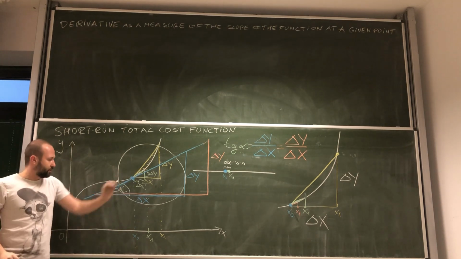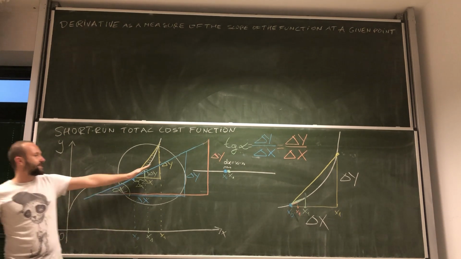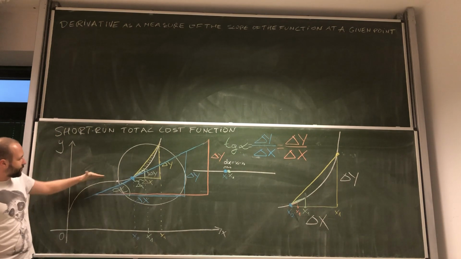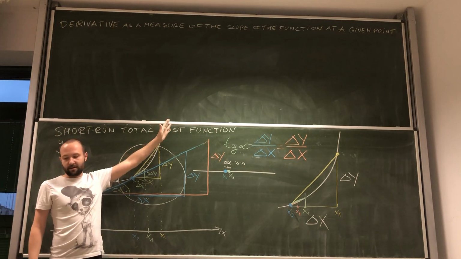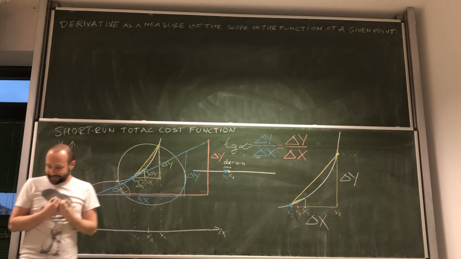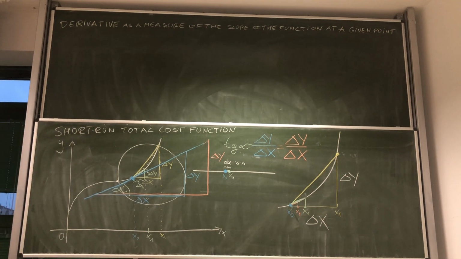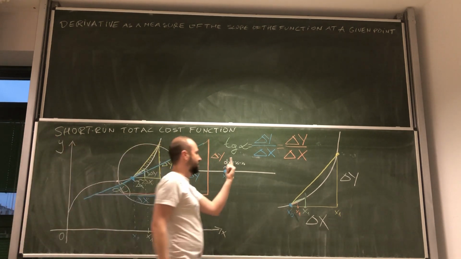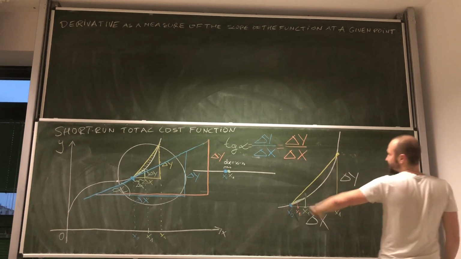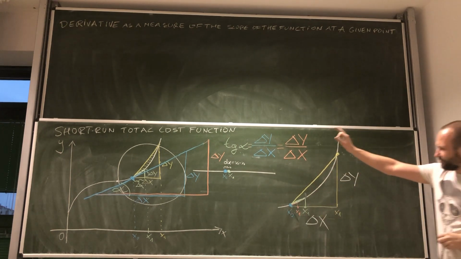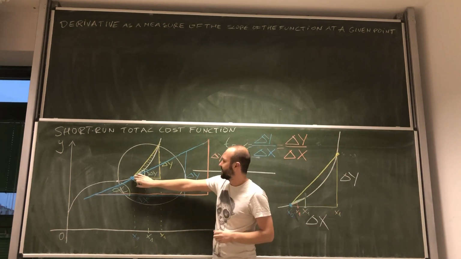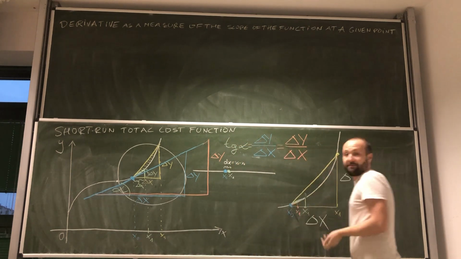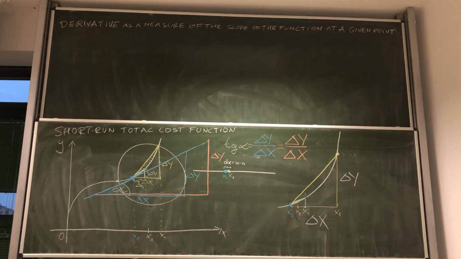Only at this point, the slope of this line and the slope of this function are exactly the same, right? So if I know the slope of this line, I will know the slope of this function at this point.